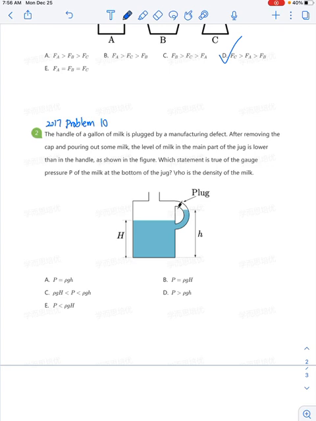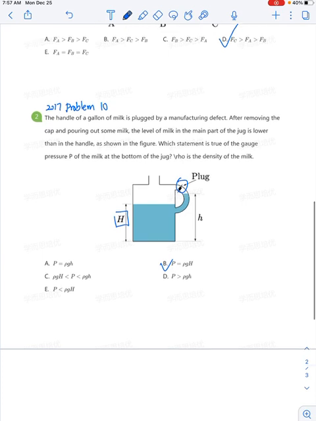The pressure here is defined relative to the atmosphere. So we only look at the major part of this container, which is the capital H, because the lowercase h is plugged and is not touching the atmosphere. To calculate the pressure, we use rho multiplied by g multiplied by the capital H, and that gives us answer choice B.